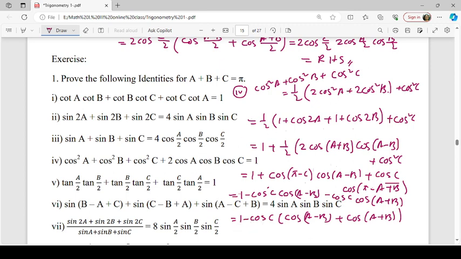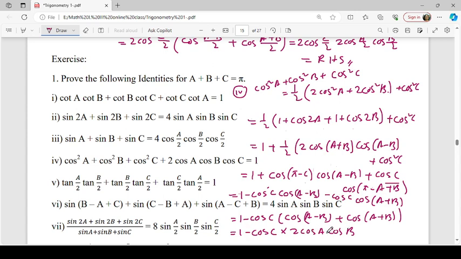And after simplification we are getting 1 minus cos c, then it is cos c plus cos d, which is 2 cos of (c plus d) by 2, so it is 2 cos of ((a plus b) plus (a minus b)) by 2, it is cos a. So what we get is cos c into 2 cos a cos b. So cos square a plus cos square b plus cos square c is equal to this one.